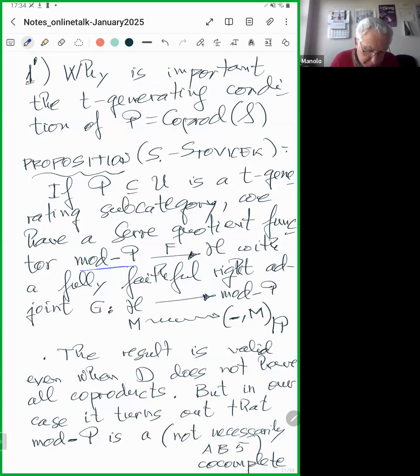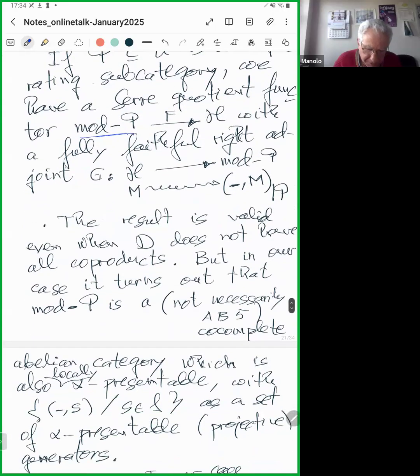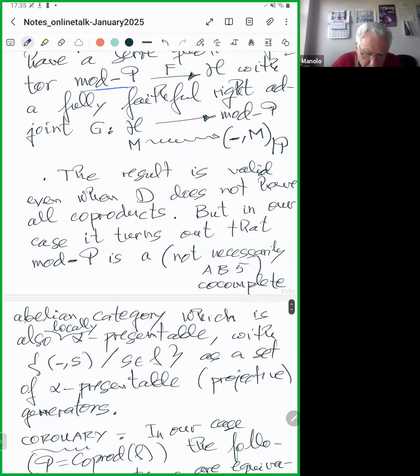You have a functor, which is a Gabriel quotient functor from mod P to H, that has a fully faithful right adjoint that is explicitly defined like this: to any object M in the heart, you associate the restriction of the corresponding contravariant functor to P. The result is valid even when D does not have all coproducts, but in our case it turns out that mod P is not necessarily AB5. That was the case in the paper with Stovicek, but it is not here. And then in this case, the category is cocomplete.